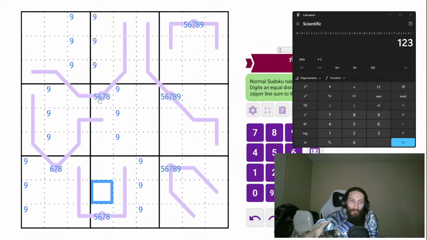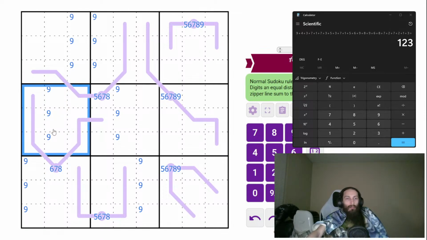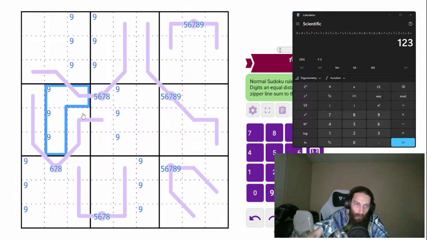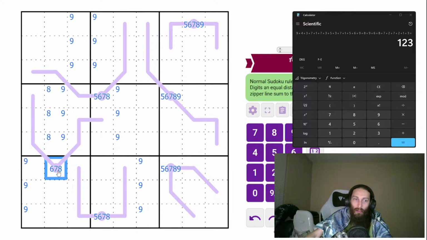Well, if this is maximum 8, then I can't put an 8 on here. Right. And that's the same with the others here. So where can I put 8 in this box? Well, it's not here, and it's not either of those two, and it can't be there. So that's an 8.